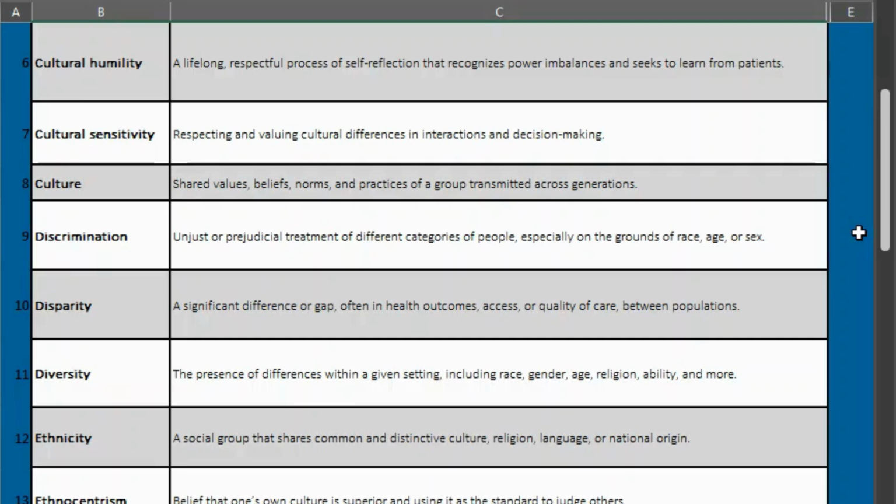Ethnicity: for example, Latinx patients may prefer family-centered decision-making, reflecting ethnic values. And ethnocentrism: assuming Western punctuality norms apply to all appointments demonstrates ethnocentrism.